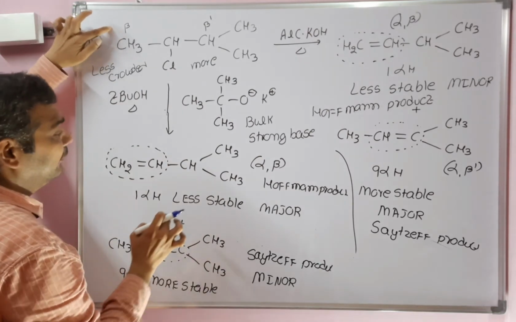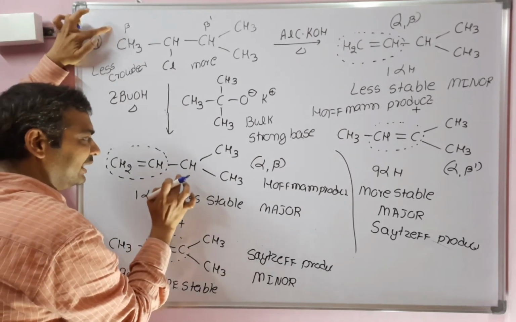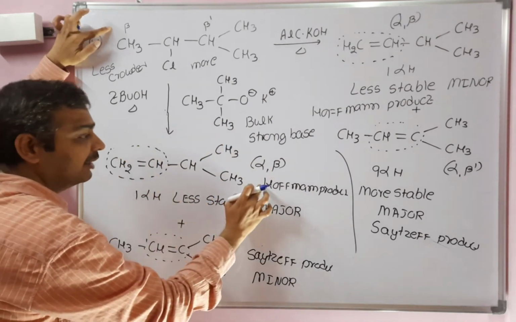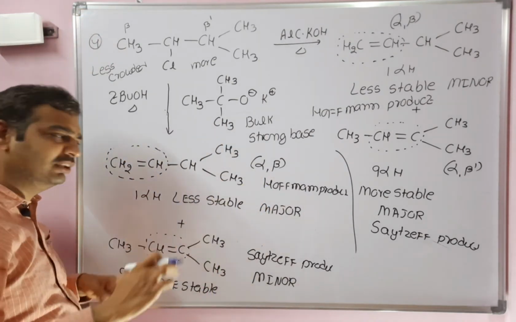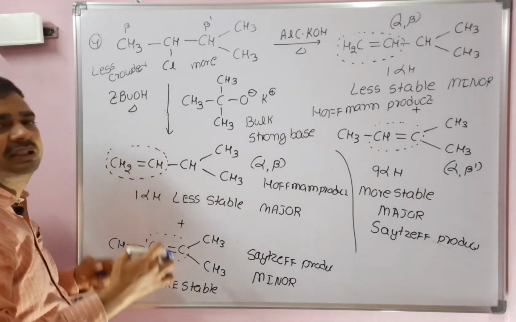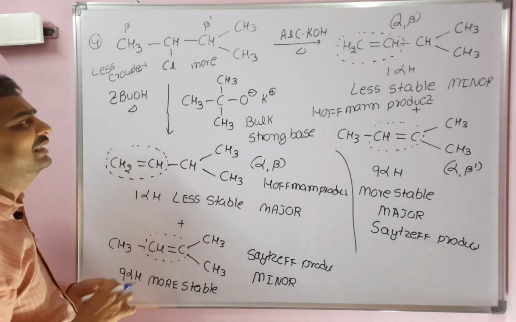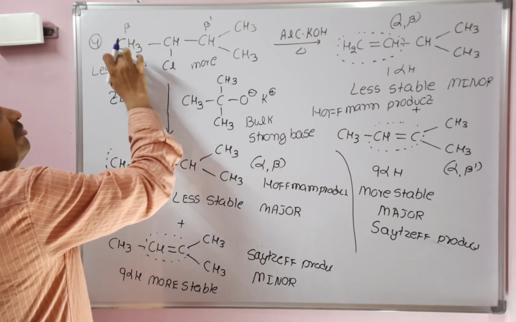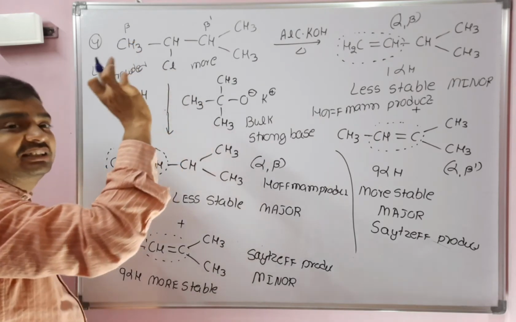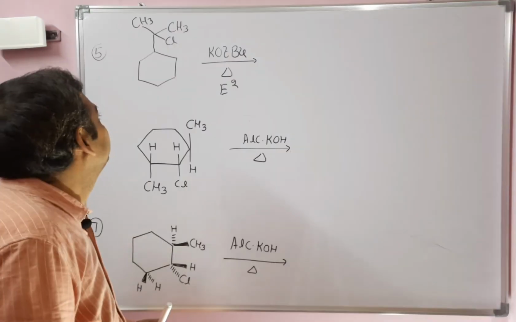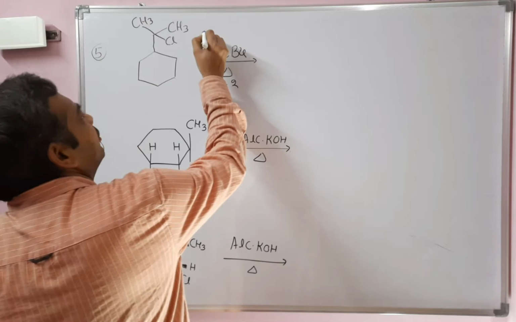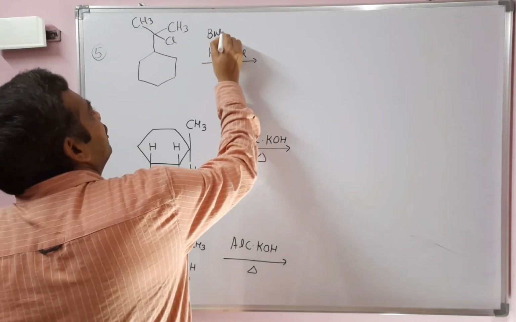That's why, in the case of a bulky strong base, the Hofmann product is the major product, even though it is less stable. The reason is that the bulky base can abstract from the beta carbon where it is sterically less crowded. Okay, clear?